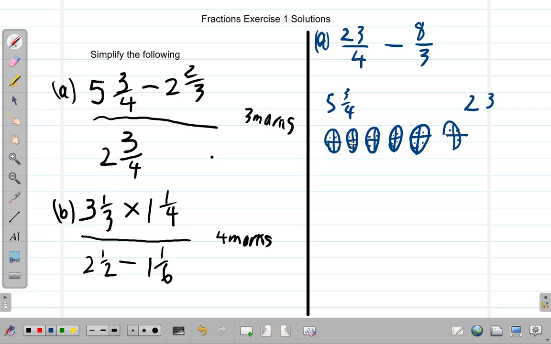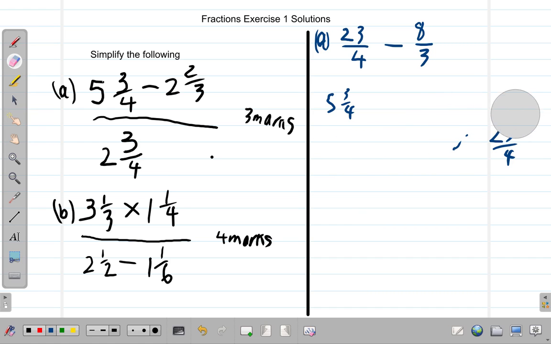So it's 4 and 4, 8 and 4, 12 and 4, 16 and 4, 20 plus 3 more, 23 quarters. So you write this as 23/4. Alright, so that was just a quick recap, another way of seeing how we got 5 3/4 to become 23/4.